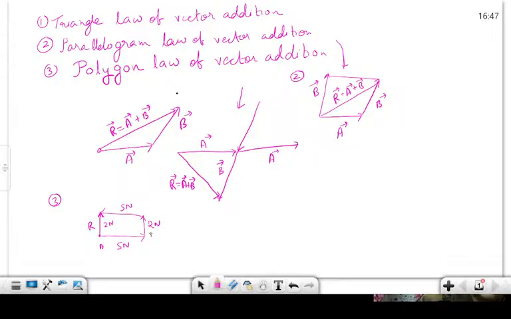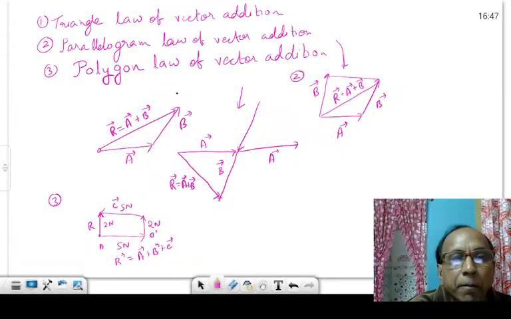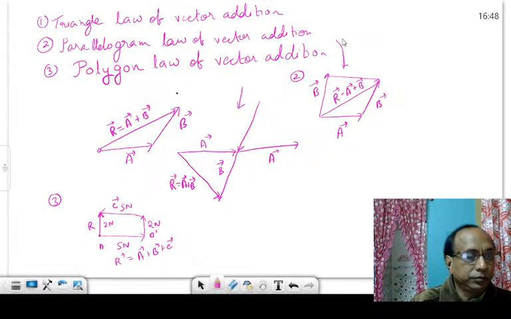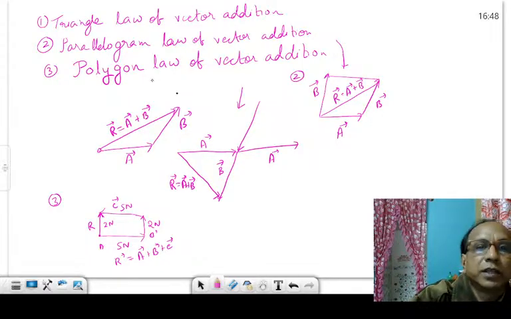If we add all the vectors, then the resultant vector R will be vector A plus vector B plus vector C. So this is the polygon law of vector addition.